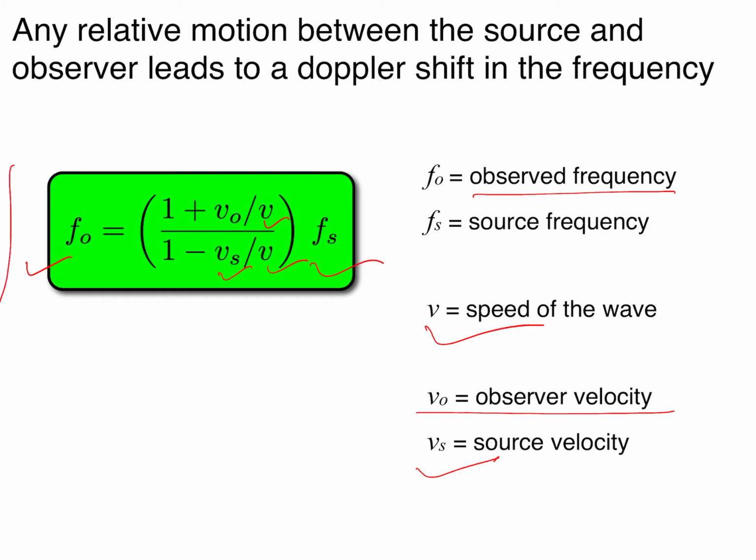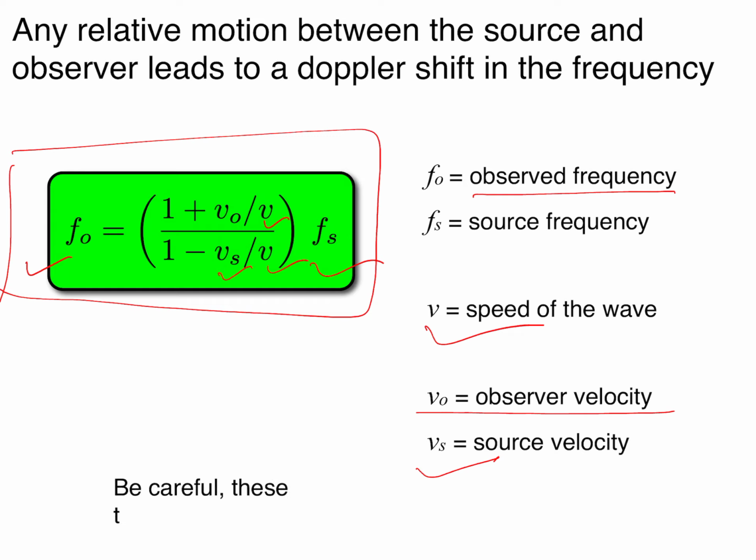You can use this formula to solve the problem, but you have to be careful: the observer velocity and the source velocity may be negative, because we are talking about relative velocity. In Physics 205 you learn a lot about relative velocity. So depending on how they are moving with respect to each other, v naught and vs may be negative.